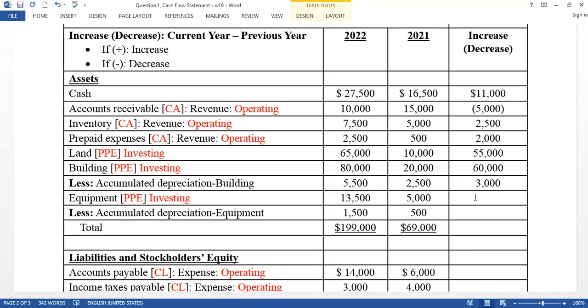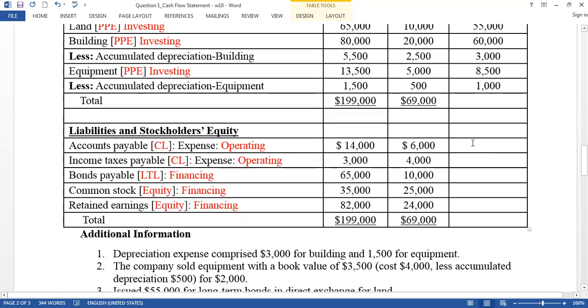Then 8,500 increase, 1,000 increase. Current liability increase 8,000. Income tax payable decrease 1,000.